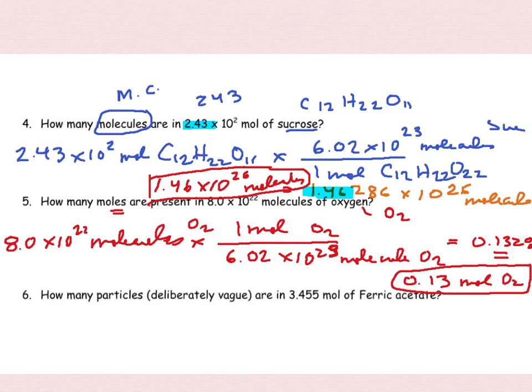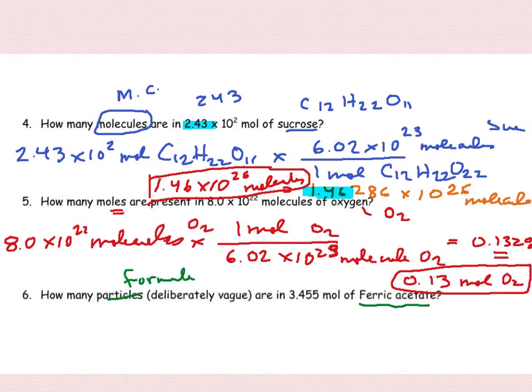Last but not least, number 6. Number 6 asks how many particles are there in 3.455 moles of ferric acetate. What you need to know is what kind of compound this is. It is an ionic compound, so the particle should be a formula unit.